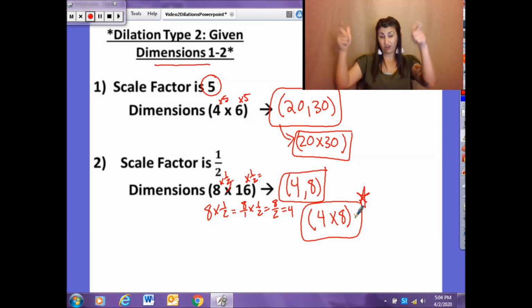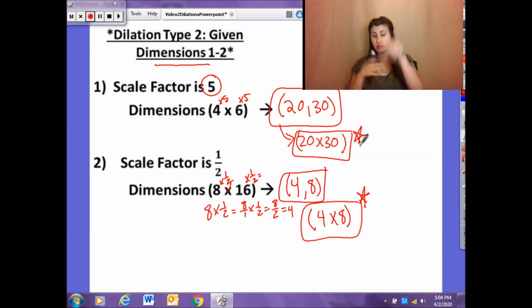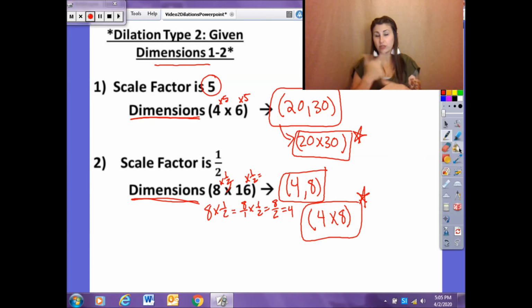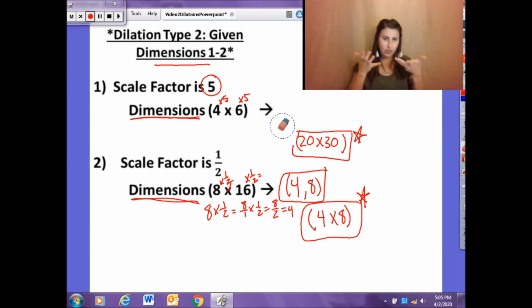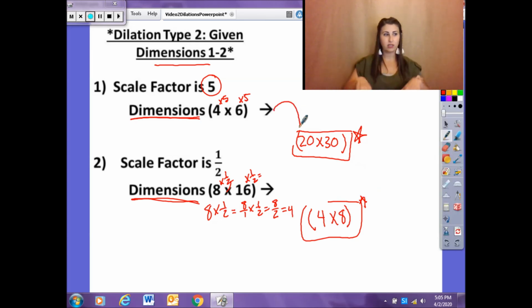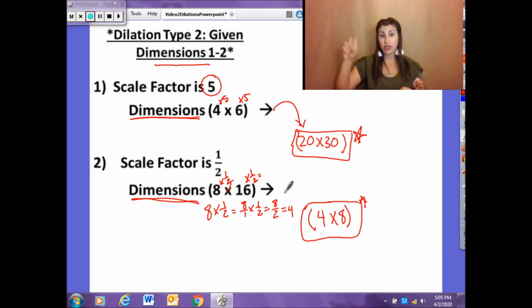So this one's my final answer for this one, and this one's my final answer for this one, because it's in dimension form, not in coordinate form. That would be type 3. All right, let me erase this right here so that we're not getting confused. There we go. Next slide.